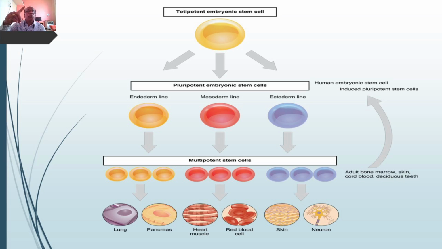So a single totipotent embryonic stem cell will be transformed into three types of pluripotent embryonic stem cells, as I have mentioned earlier, that is the formation of three basic germ layers, representing ectoderm, mesoderm or endoderm.